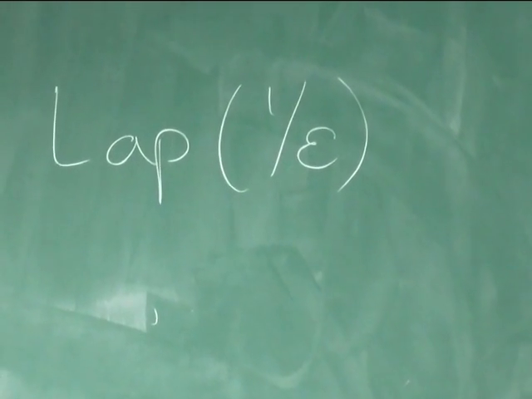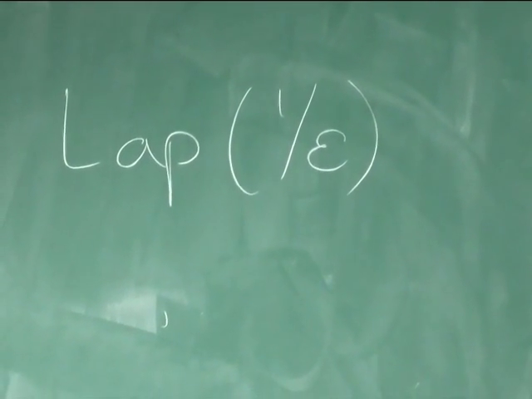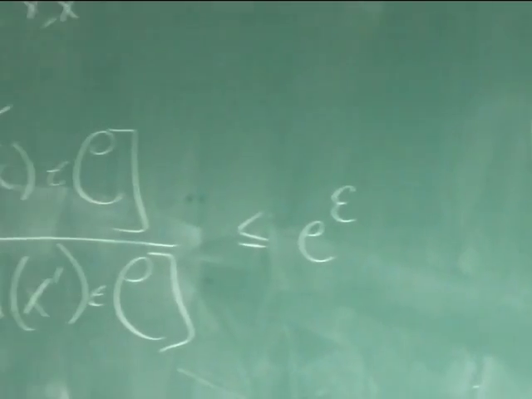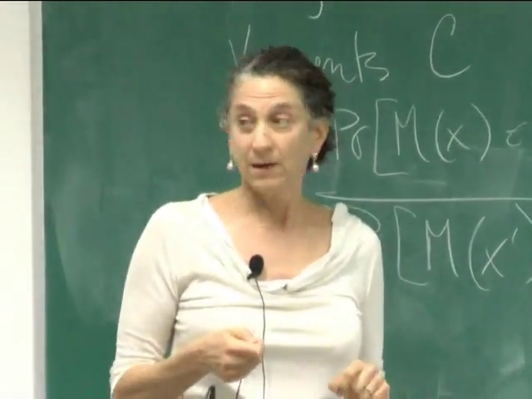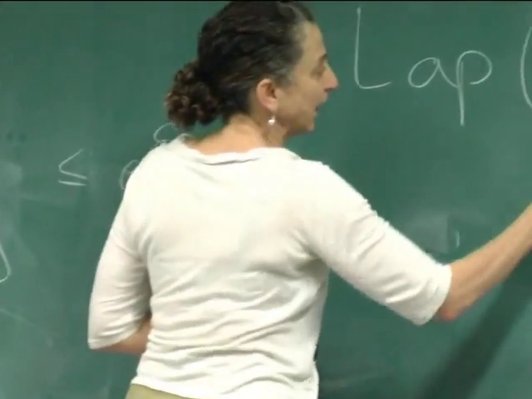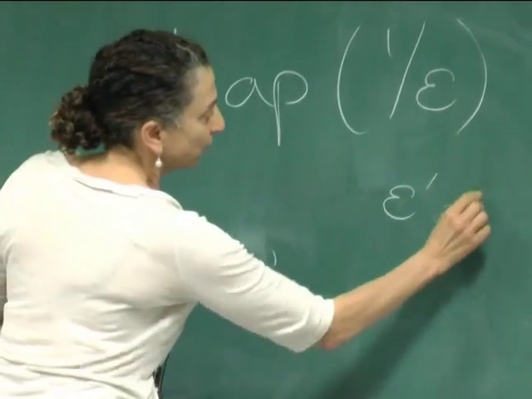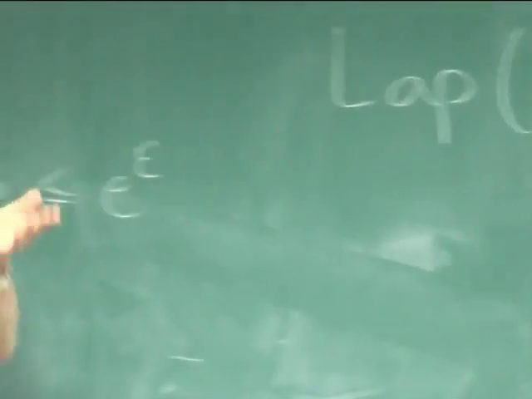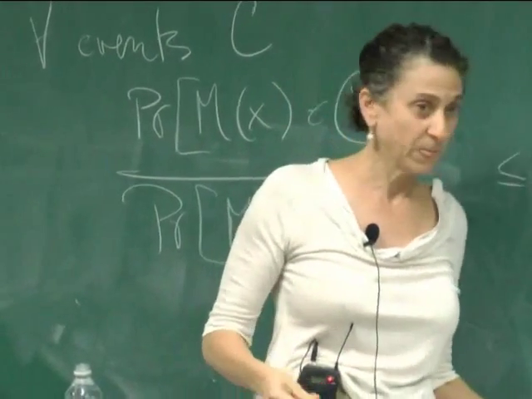What do I do in order to be sure that if I ask several queries, I end up with a total loss of epsilon? Exactly. I just use an epsilon prime here, which is 1 over k times epsilon. Then when I add them up, I get what I want.